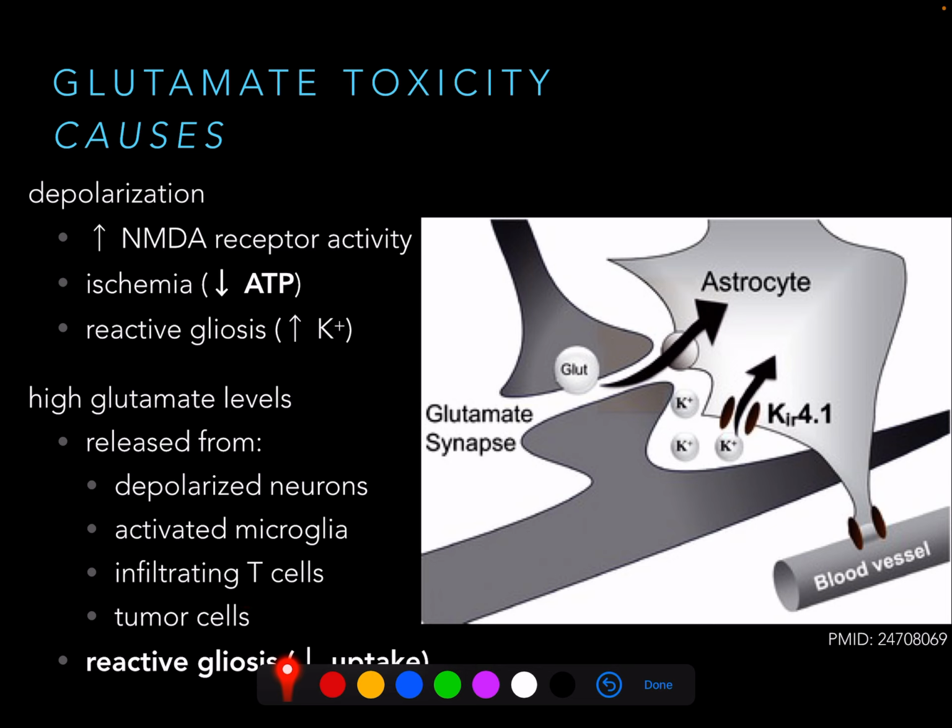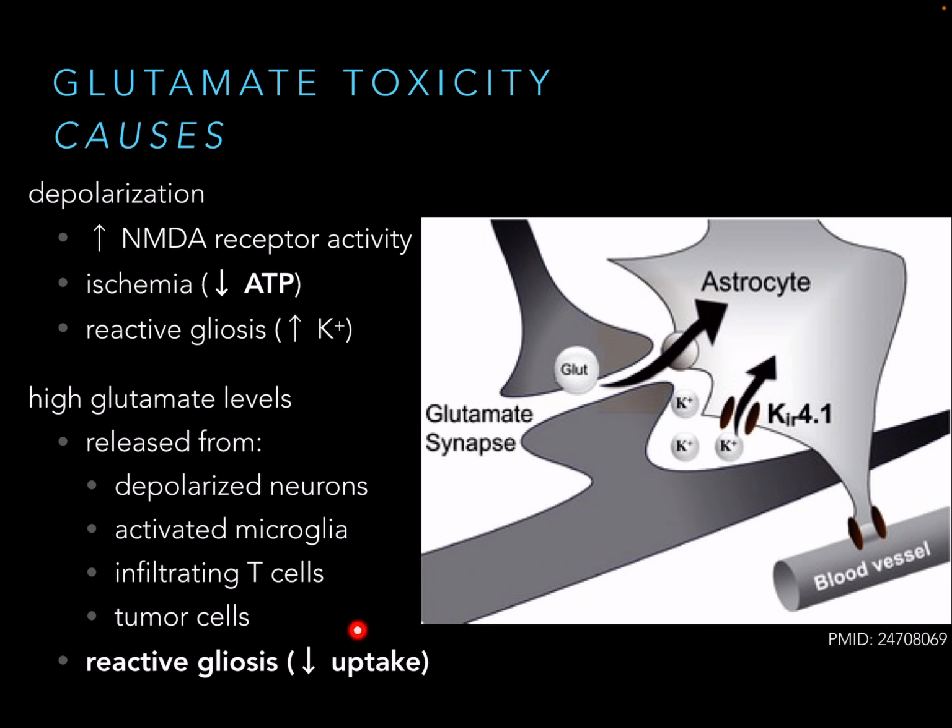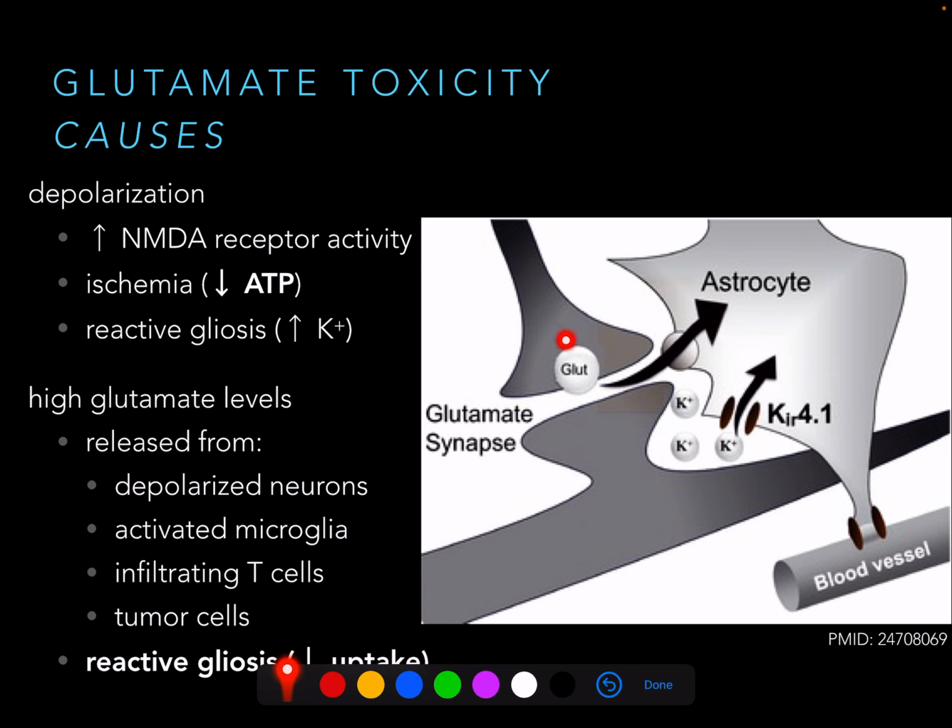Another possibility is that reactive astrocytes don't pick up glutamate as much. So when the neuron spits glutamate out into the synapse, normally it's cleared by astrocytes. When they become reactive, we stop picking it up. What that does is increase the amount of glutamate, leading to, you guessed it, glutamate toxicity.